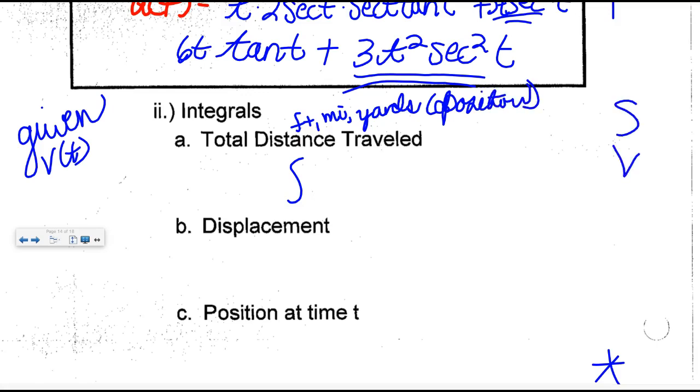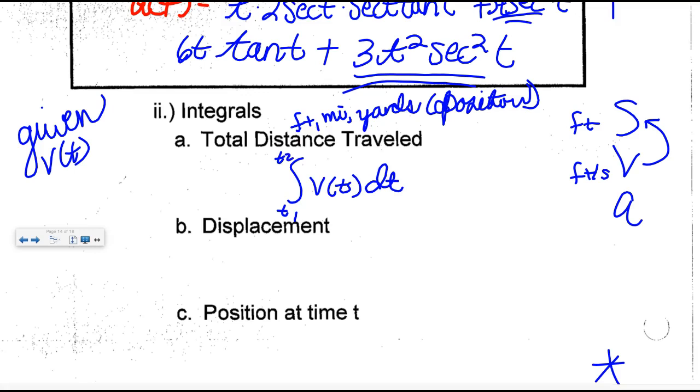So again, if I have velocity, I need to go back to position. Again, if this is in feet per second, I want to know my total distance traveled in feet. This is an integration problem. So I know I need to integrate my velocity, my feet per second, times seconds, that's the dt, right? From time 1 to time 2.